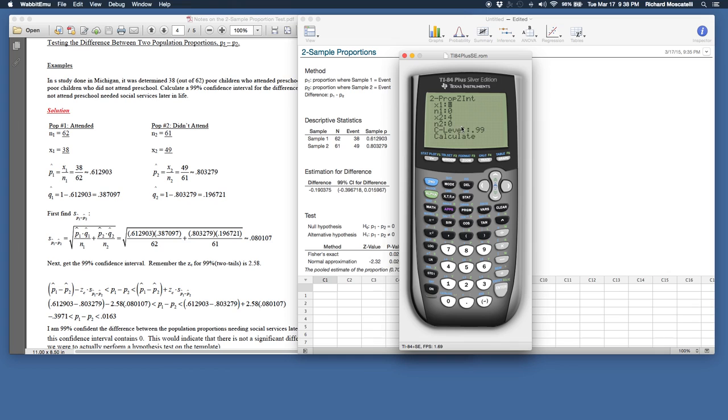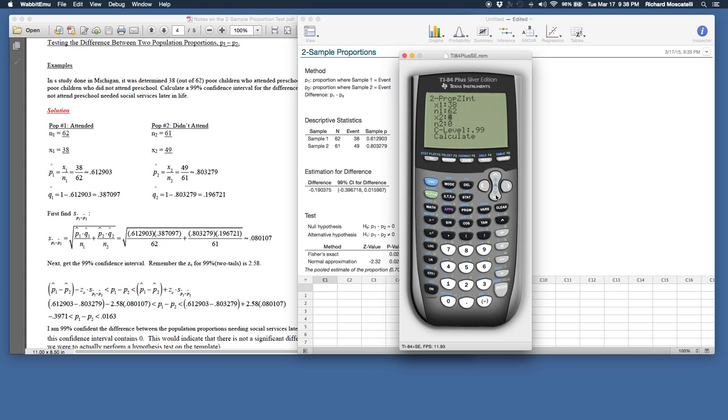Let's see, I must have entered something incorrectly. I don't know what happened there. X1 is 38. N1 is 62. I think I'm just pushing the buttons a little too quickly. That's what the problem is. This calculator is slow when I got all this stuff running.